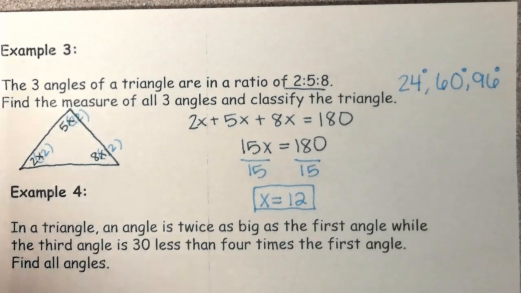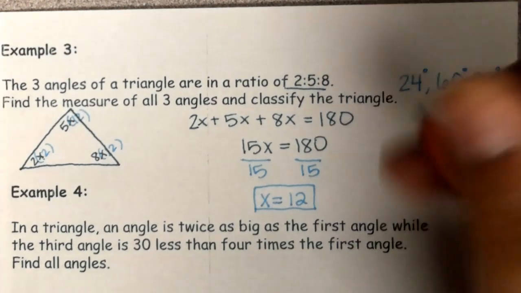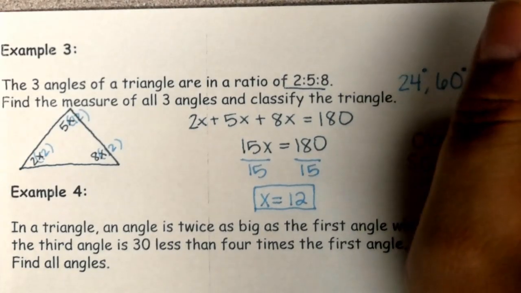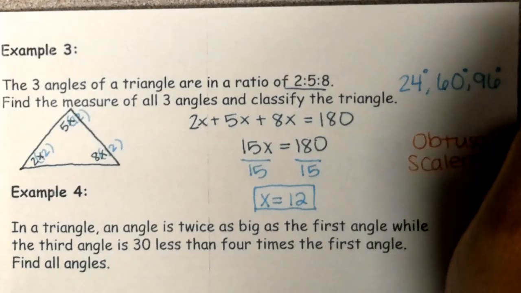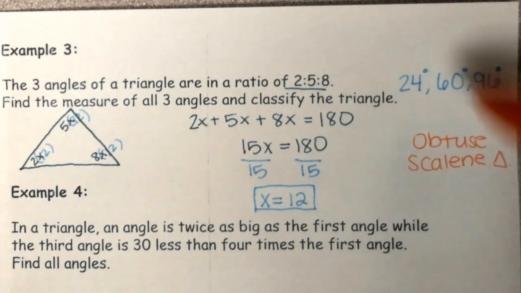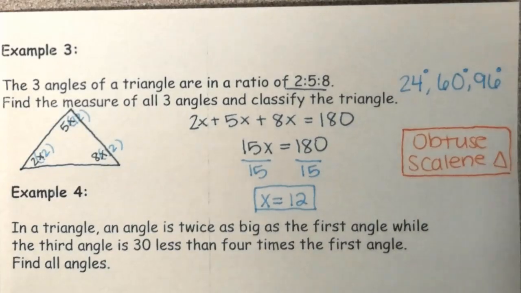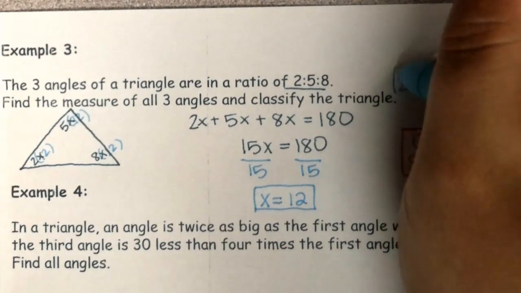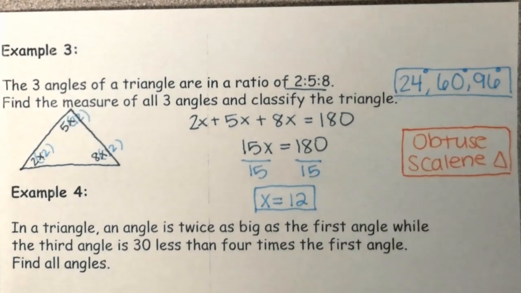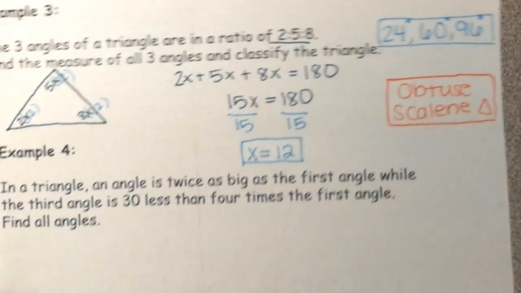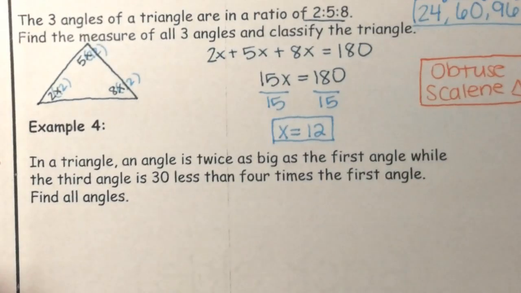Which means this is a what? Did you check to make sure those added up to 180? Okay. Questions? Can I move on?